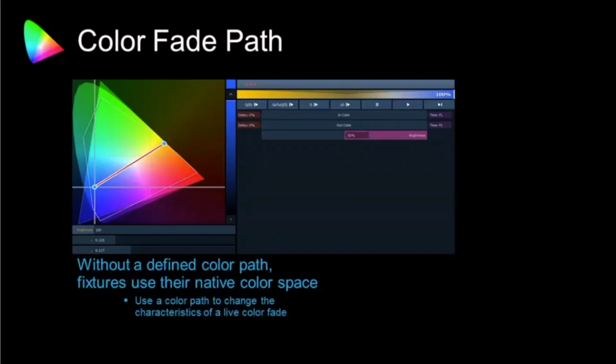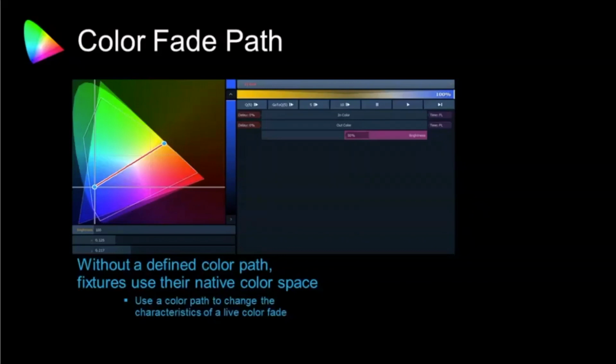We can apply a color path if we want to override a native color fade. In some ways this allows you to not use discrete timing and discrete delays. In other ways, it can give you more complex tools that are close to what effects can do, but aren't effects.